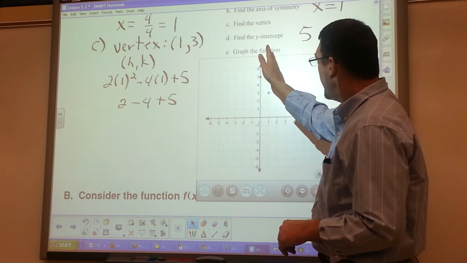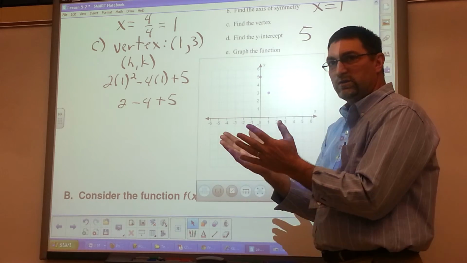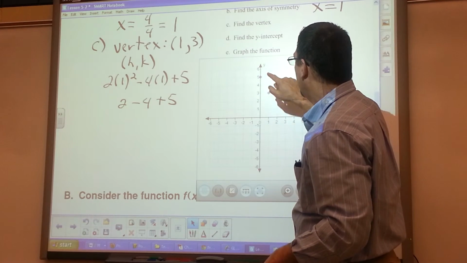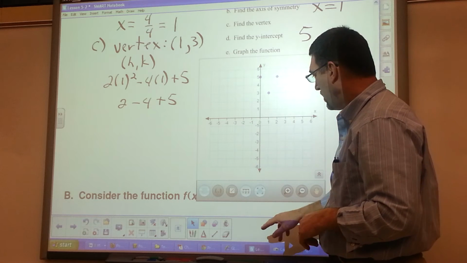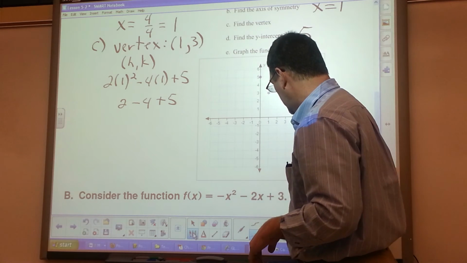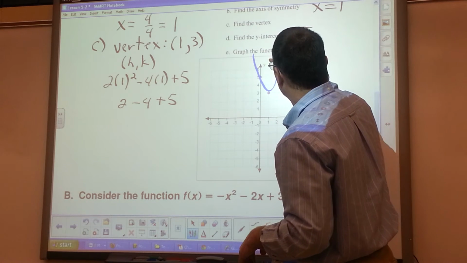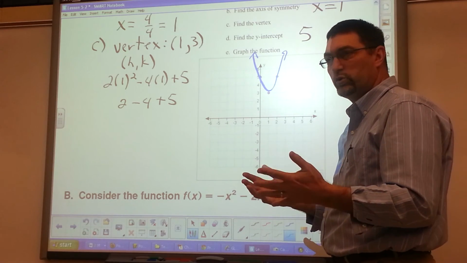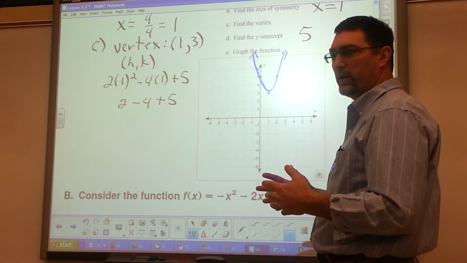Since the axis of symmetry is at x equals 1, and a parabola is symmetrical, this point here is also going to be on the graph. Then to draw my graph, we just use those points. So once I find the axis of symmetry, the vertex, and the y-intercept, I can draw my graph from those things.